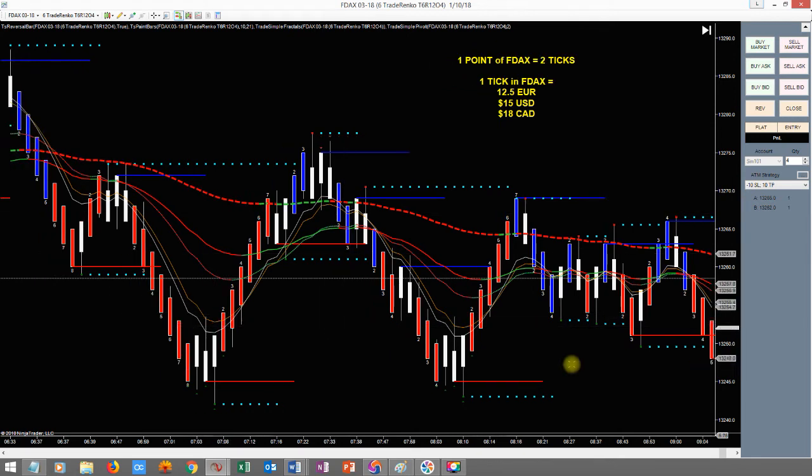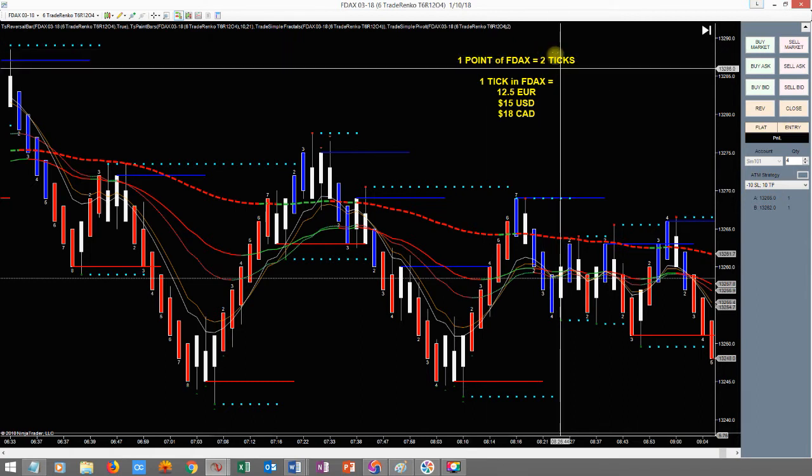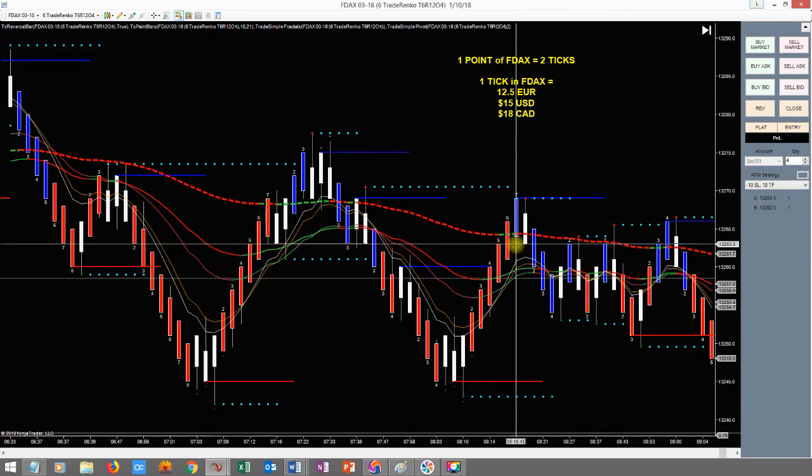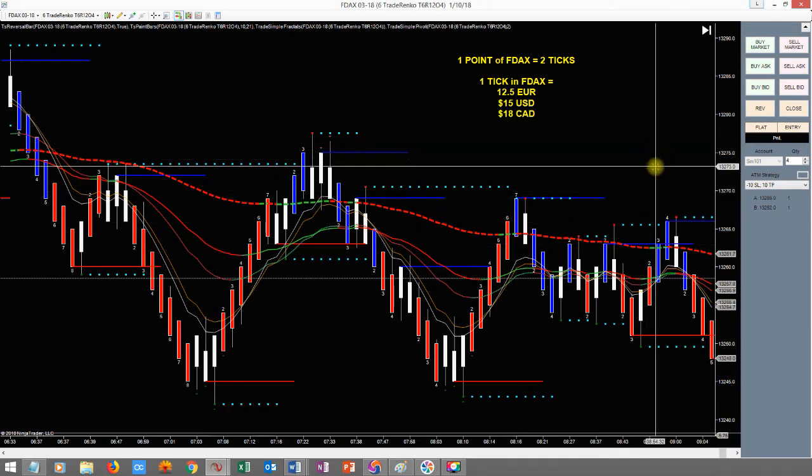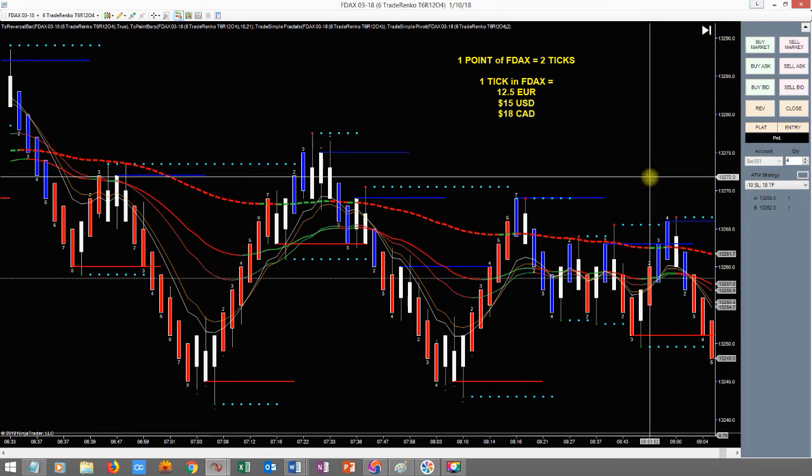So pretty much our first trade of the day would have been right here off this thick dashed line. Now this trade right here, how would this work? Once this white bar paints, we put a sell order here with a 10 tick profit target. 10 ticks is 5 points. Remember, 10 divided by 2 equals 5 points. So if 1 point equals 30 US dollars, 5 points equals $150 per 1 contract that you trade with the FDAX.